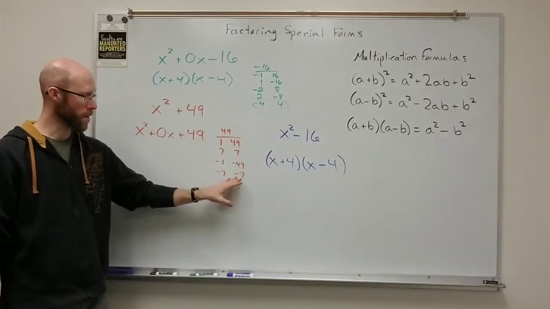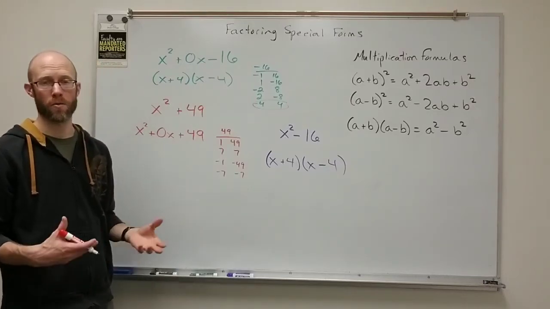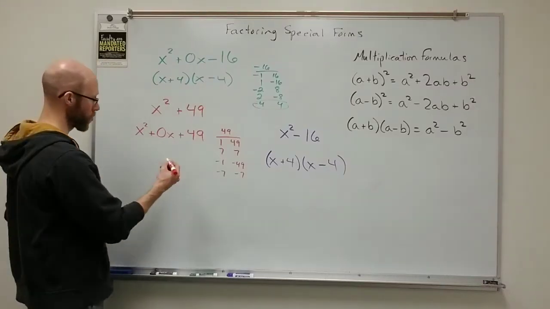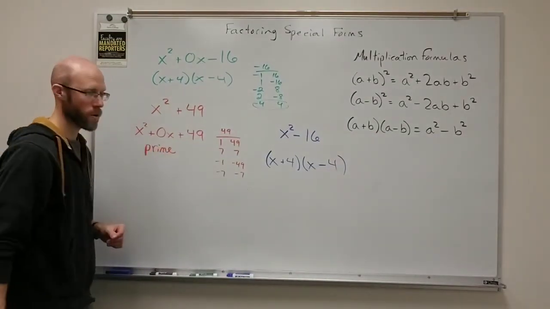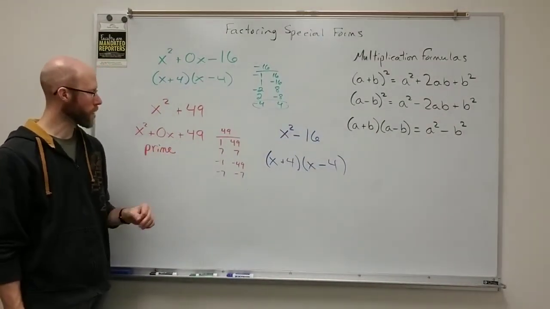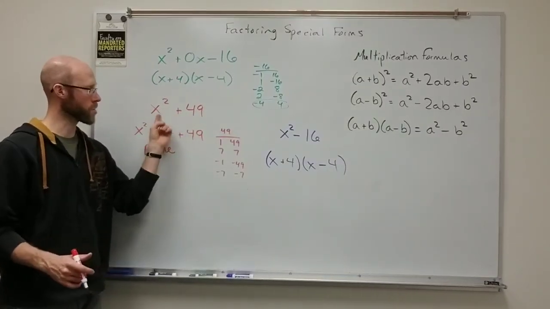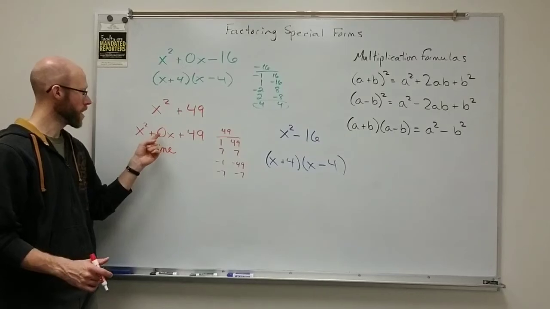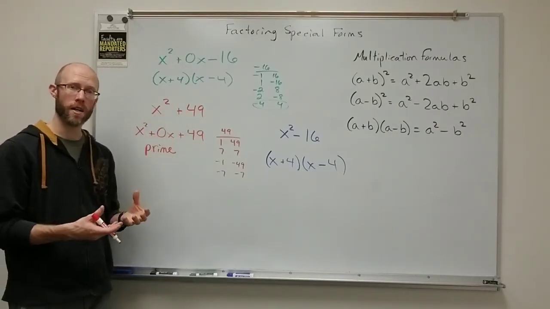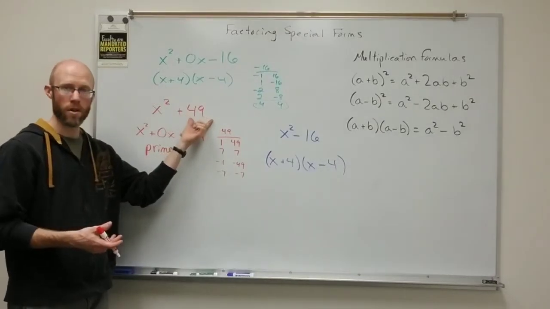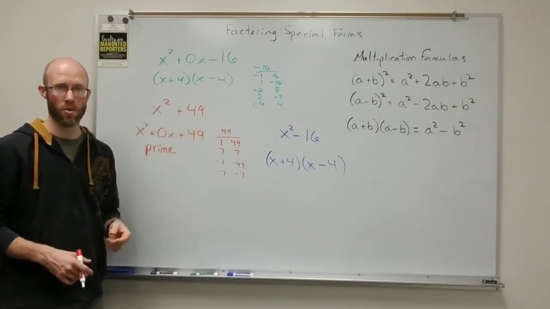And because none of them add up to 0, we get what's called a prime polynomial. We've talked about primes in a previous video as well. So this is prime. Okay? And so what we established, and we can repeat this process no matter what the two terms are, as long as they're both squares with a plus in the middle, you'll never find factors of the constant that will add up to that 0 in the middle.